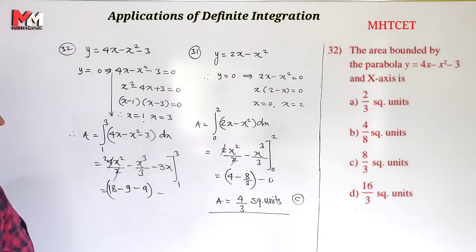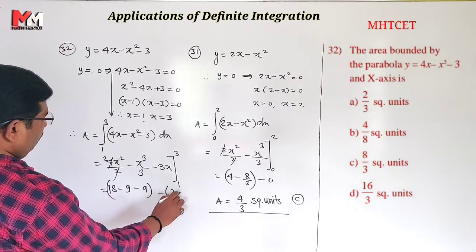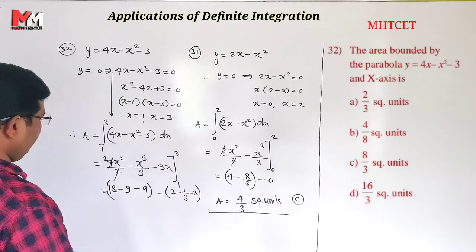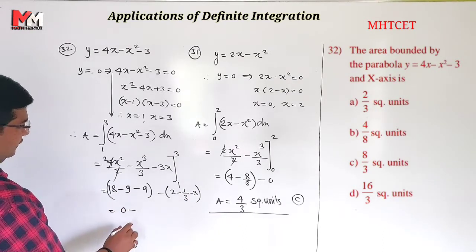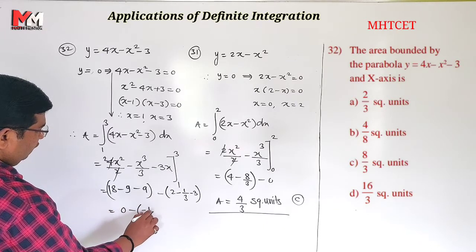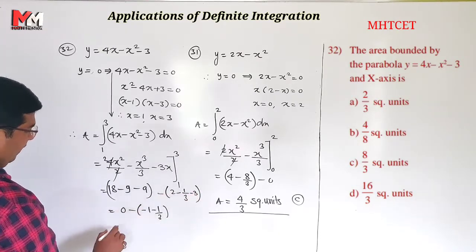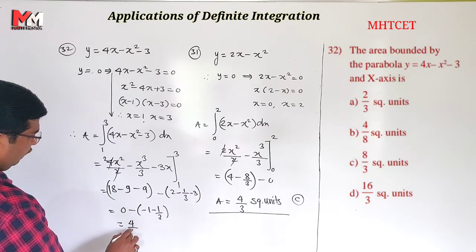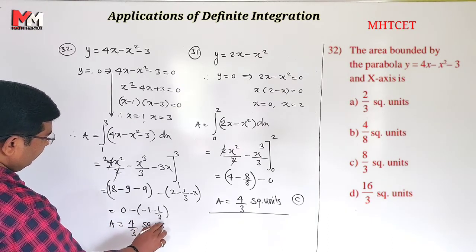Lower limit: 2 into 1 is 2, minus 1 by 3, minus 3. So 18 minus 18 is 0. 0 minus, 2 minus 3 is minus 1, minus 1 by 3. Both positive, 3 plus 1. So this is also 4 by 3 area in square units.